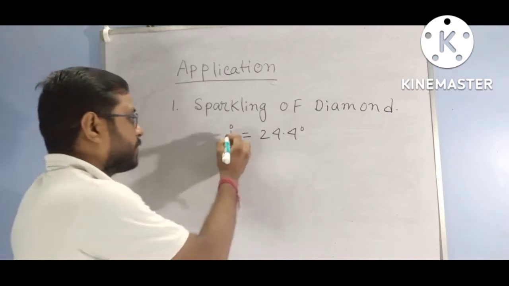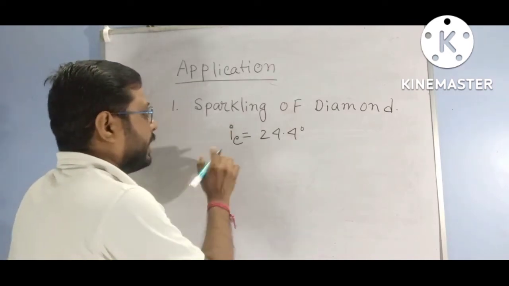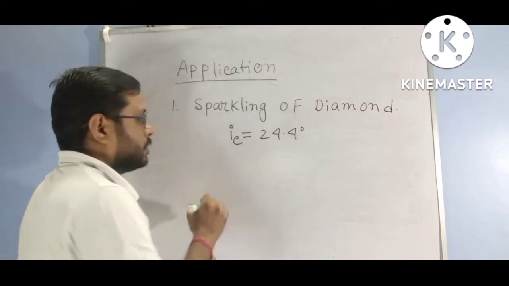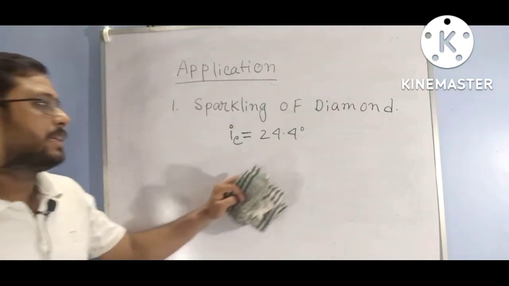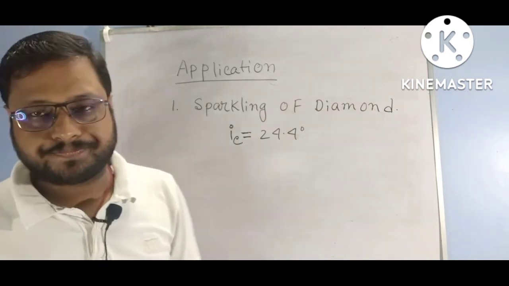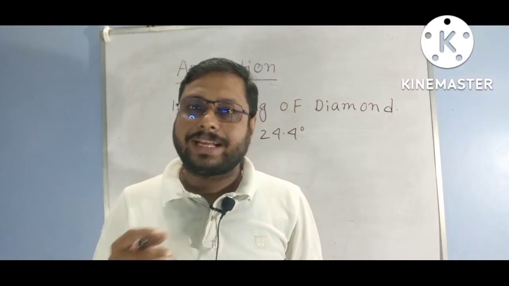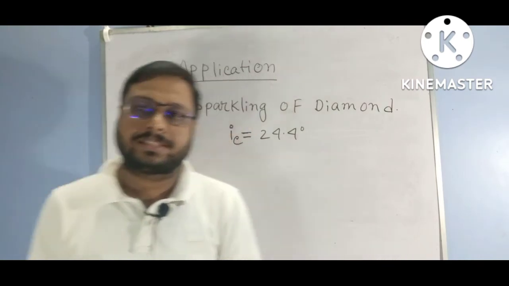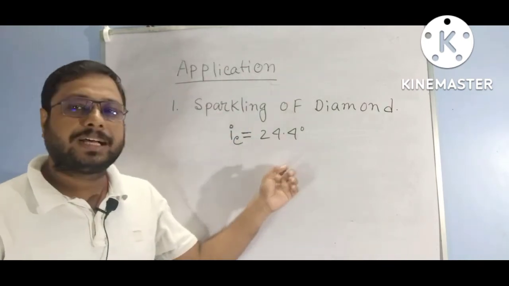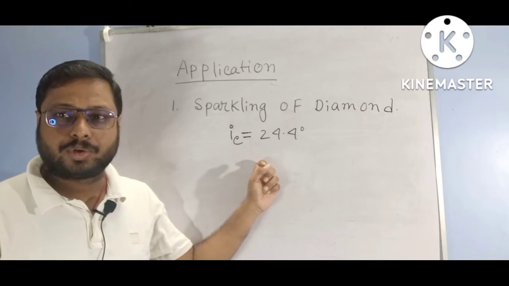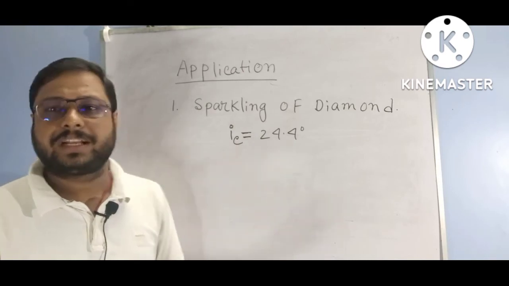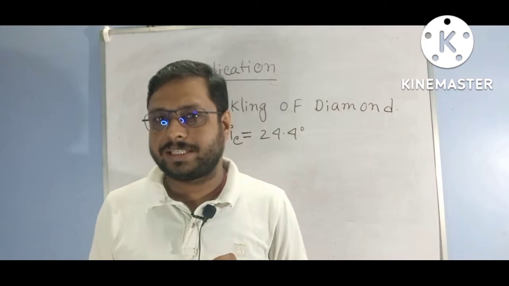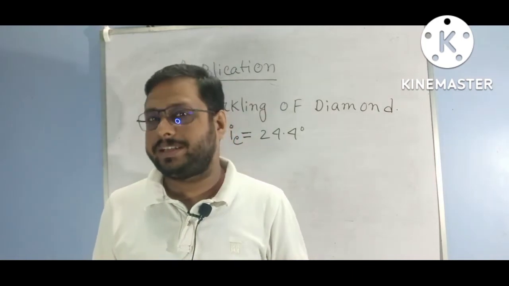So when light enters into the diamond, the angle of incidence is greater than the critical angle. So it suffers repeated total internal reflection and gets collected inside it.